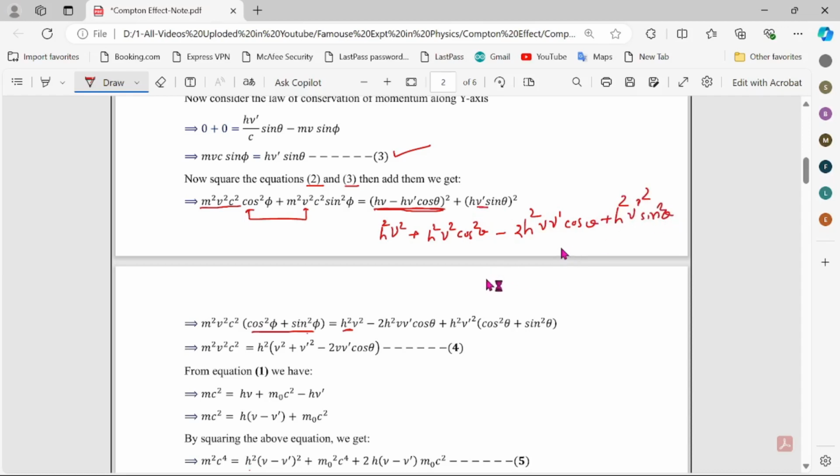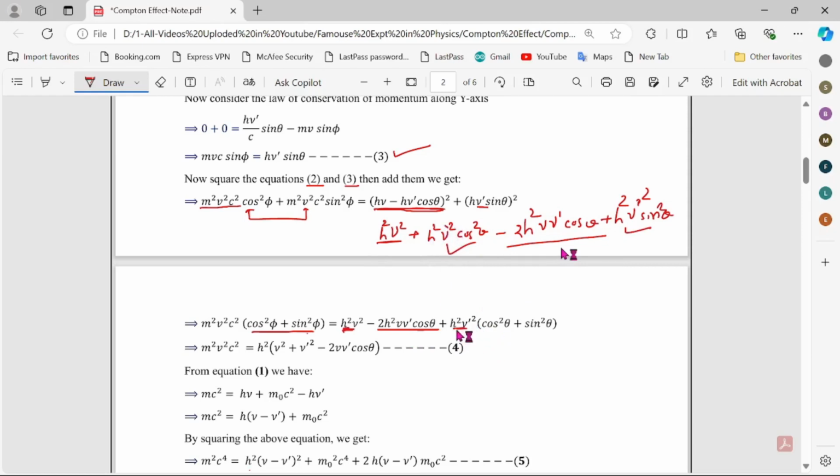So here, this term I have written as such, this term minus 2 h square mu dash cos theta. From this term and this term I have taken common h square mu dash square.